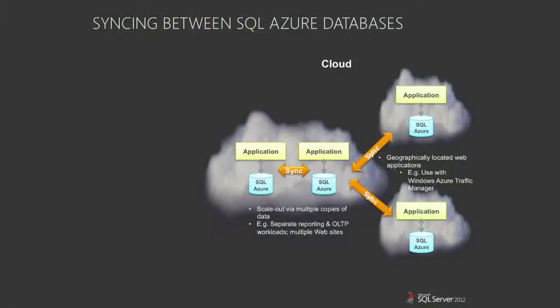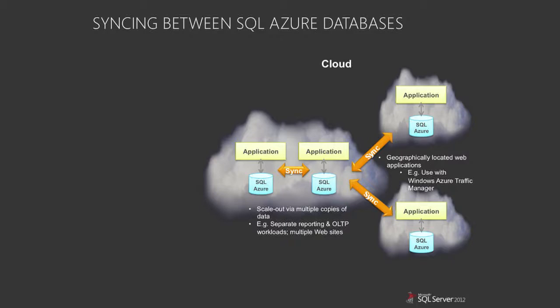There's also the case where it's really advantageous, if you've got a global user base, to locate your applications and the associated data near the end users around the world. So you can utilize the various Windows Azure data centers to get those applications near to your end users and provide them the best, most responsive experience by having those applications and the associated data close to them.